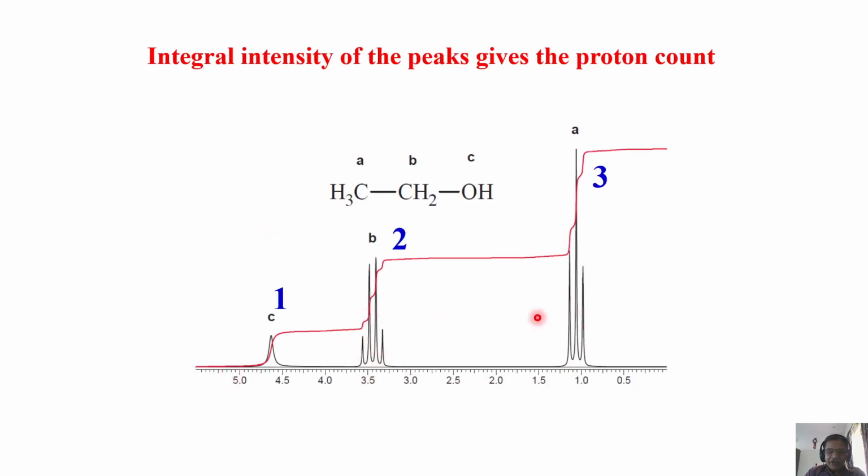Don't worry about the multiplicity. I will discuss that when I explain scalar couplings. At the moment, assume there is one proton here, one proton here, one proton. Because these are three different types of protons, none of them are chemically equivalent to each other, and we got three different types of peaks.